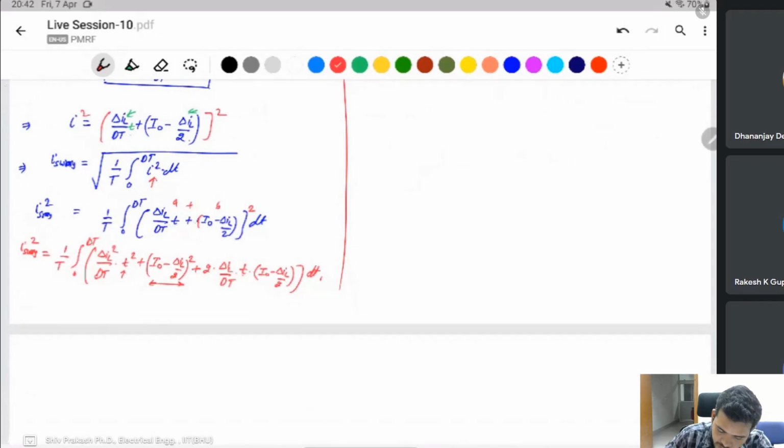If you square this term, delta IL by dt into t, then it is delta IL square into t square divided by dt square also.